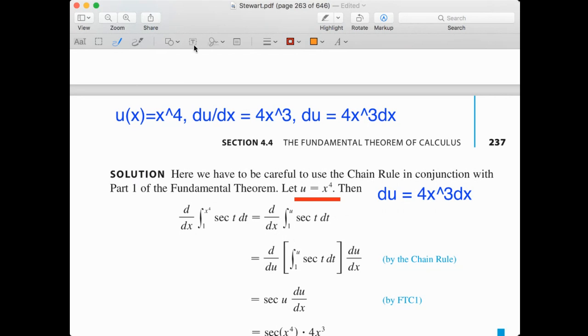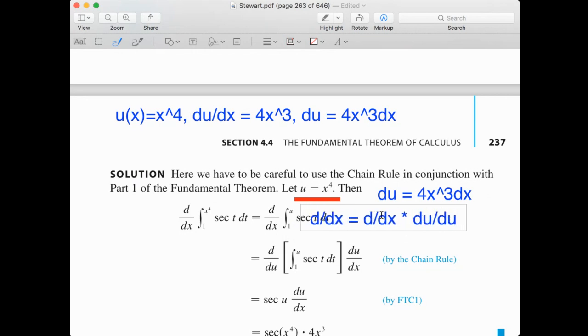Okay, so what is the d/dx now? We want to multiply by 1. And this 1 is du times 1 over du, something divided by itself.